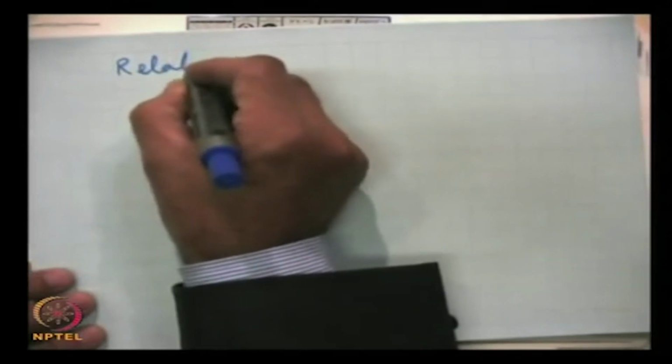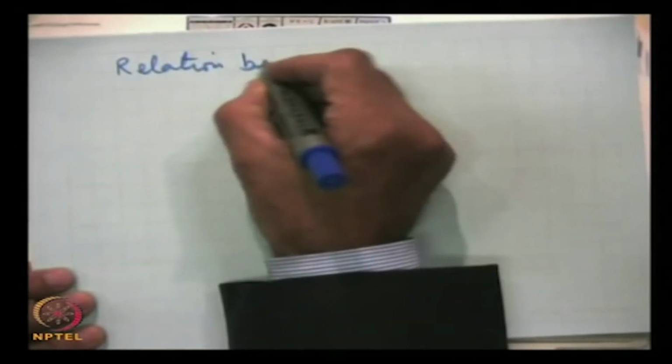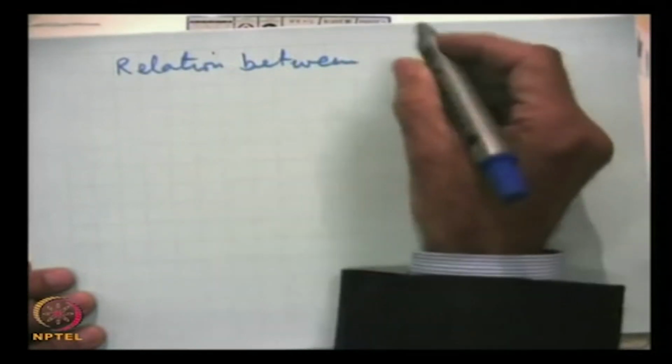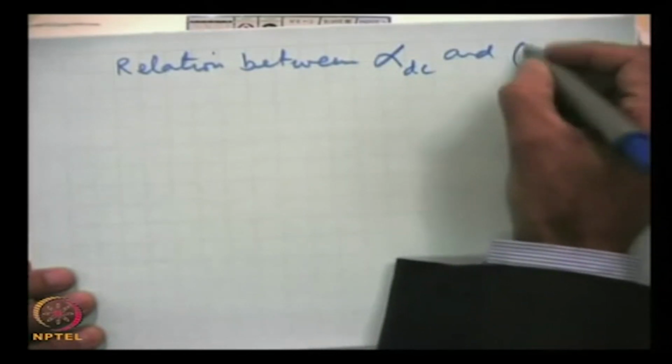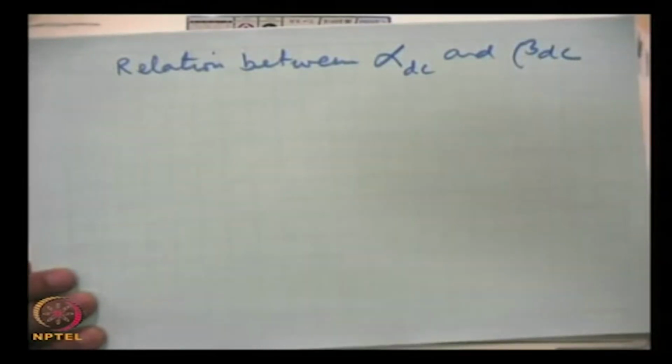Then what is the relationship between alpha and beta? If we know one, the other can be calculated. So, there has to be a relation between alpha and beta. This is a very simple relation, we can derive it, and we write the relation between the current gains alpha DC and beta DC.